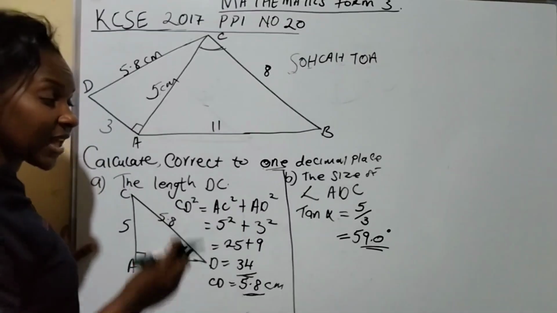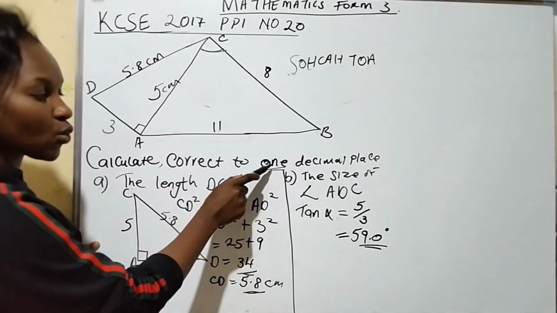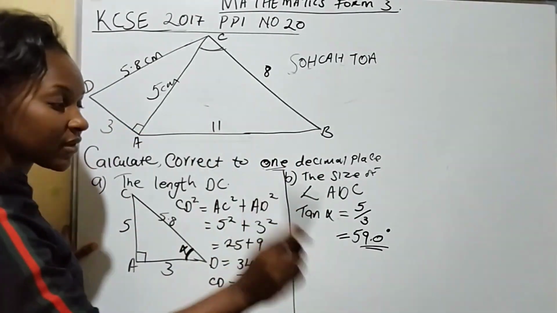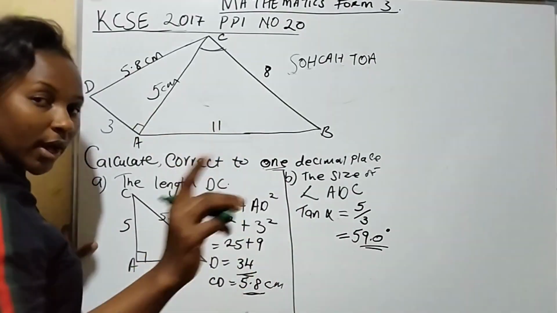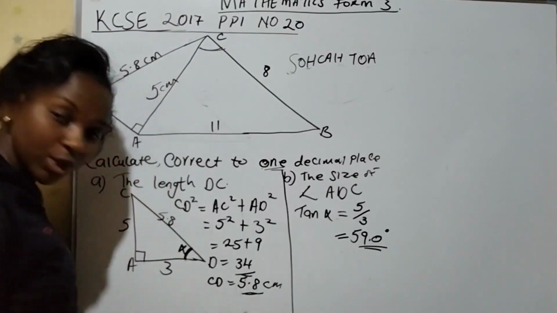That is the angle that we have. Remember, it is 1 decimal place, so it is advisable to put a 0 to ensure that it is to 1 decimal place. I hope you have got that.